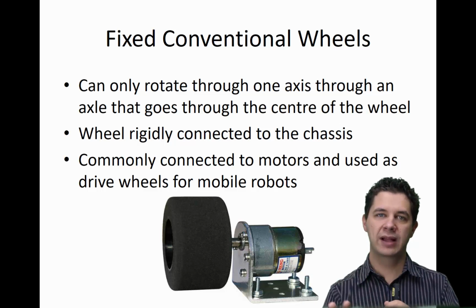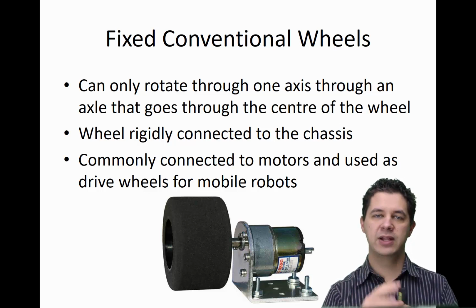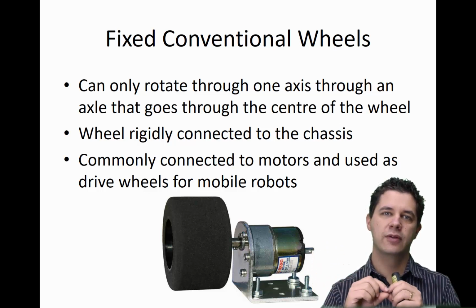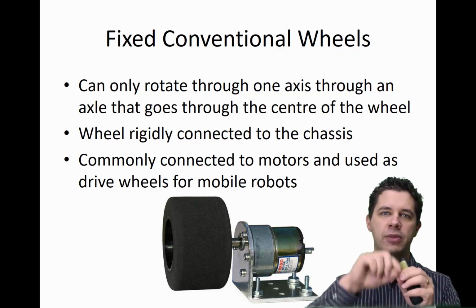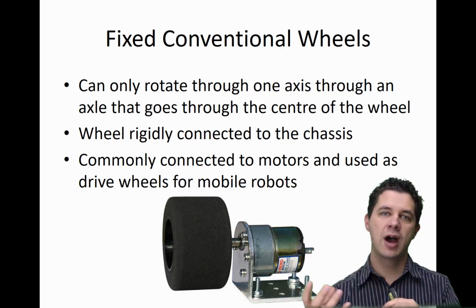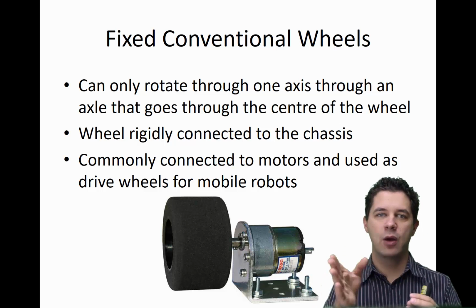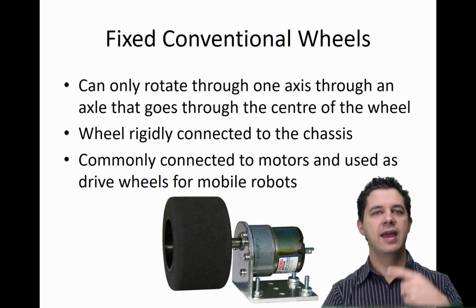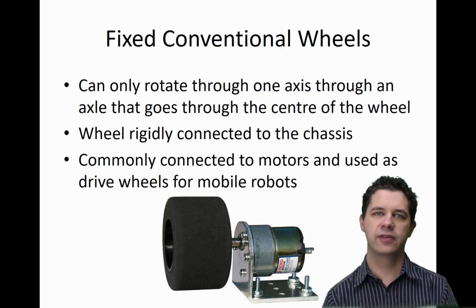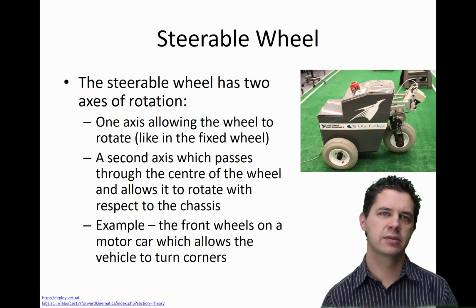It might be driven directly by the motor, as in the picture that we've got there, or it might be that there's some sort of a chain or belt arrangement from the motor or another gearbox that drives it. The important thing is that wheel can't turn around or anything like that. It can only turn on the axis that it's actually being driven. So these are commonly used for the main drive wheels of mobile robots.